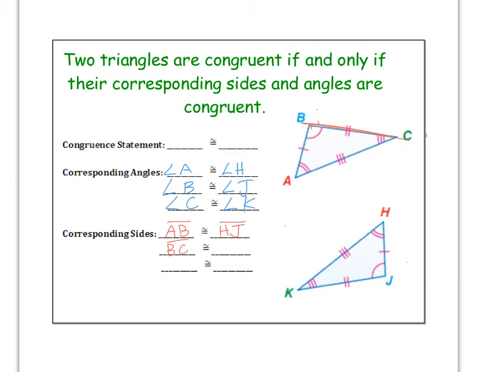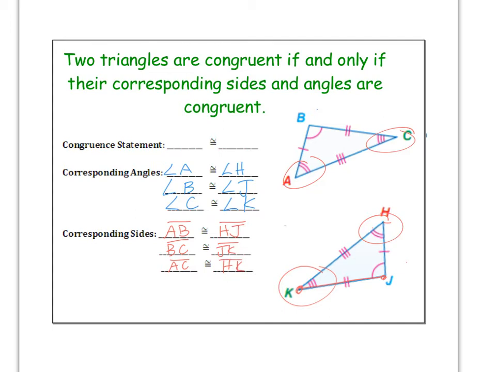So if I go on the other triangle, it looks like J to K. If I start at the single curve and go to the triple curve, that's JK. And then finally, we have our last side, and the last side is AC. And so side AC, or segment AC, goes from double to triple. So that's going to be H to K. HK is double angle to triple angle.